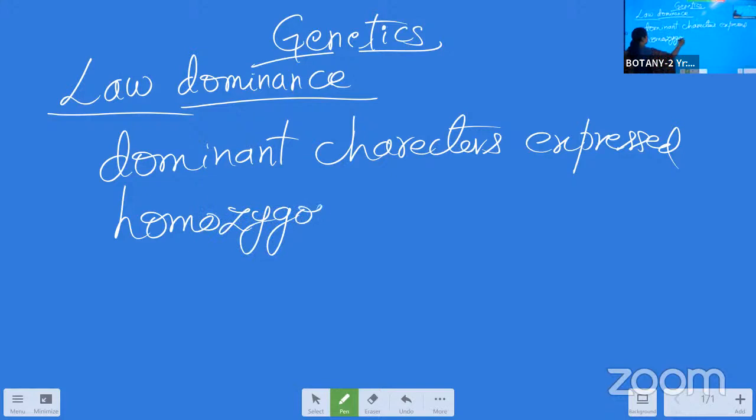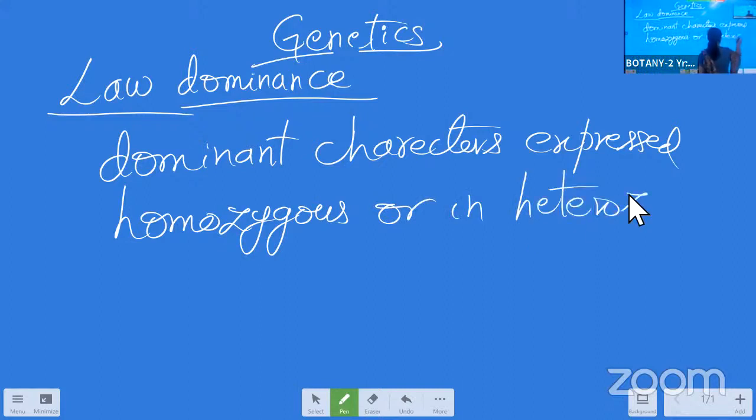In homozygous or in heterozygous. What is meant by this? Homozygous means when both the alleles are of the same kind, that is called the homozygous condition.